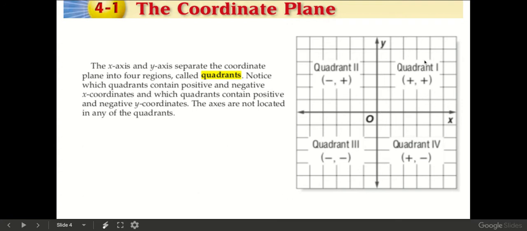Positive x, positive y. That's where quadrant 1 starts. From there, we go counterclockwise. So we have quadrant 2, where the x's are negative, but the y's are still positive. Then we continue counterclockwise to quadrant 3, where the x's and y's are both negative, right? Left and down are both negative. And then continuing counterclockwise to quadrant 4, x's are positive, y's are negative.